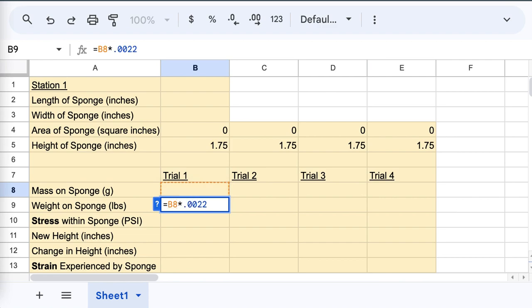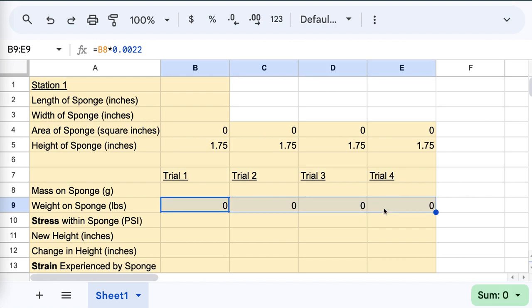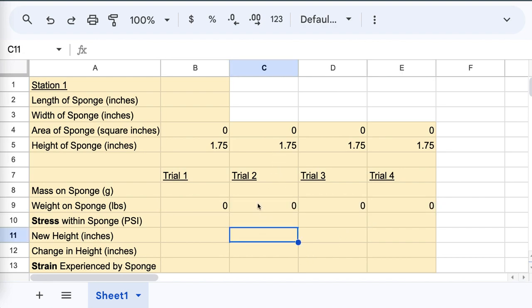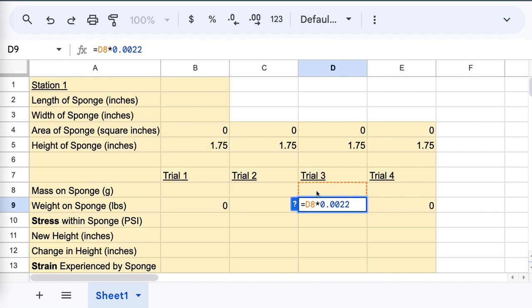Okay, I'm going to click outside, and click back on it, and I could go through and do each of these individually, but I could also just drag that circle over, and I just programmed all those cells. For example, this one is this one times 0.0022, and this one is this one times 0.0022, and this one will be this one times 0.0022.